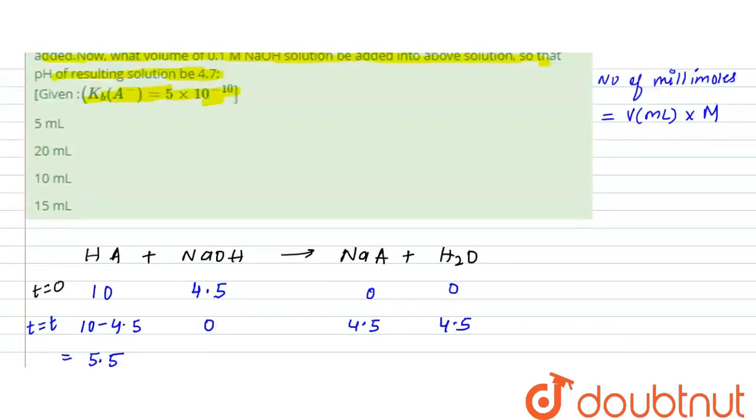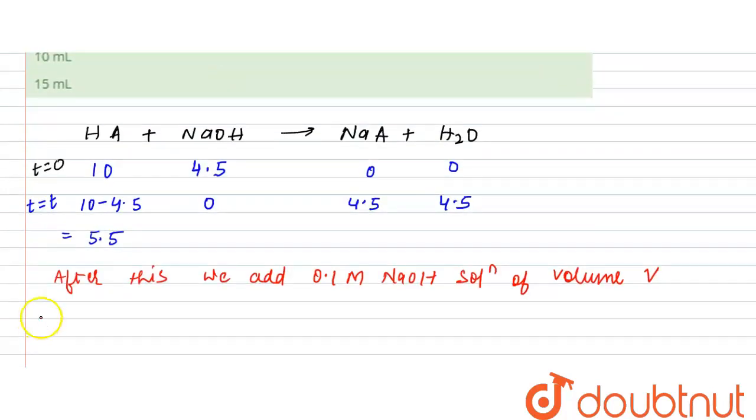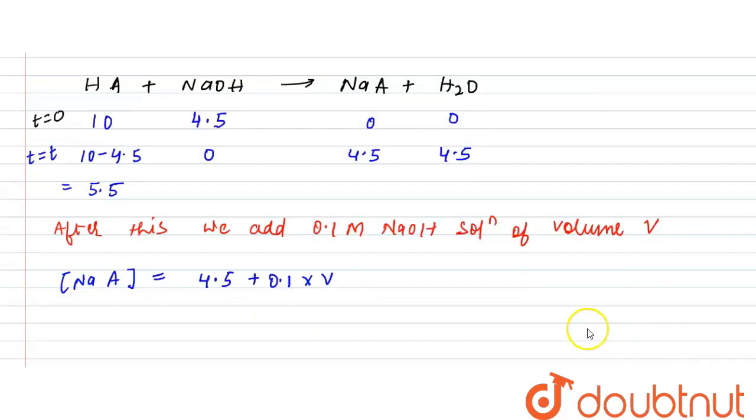If you add 0.1 molar solution of volume V, then at this position the concentration of the salt will increase by that number of millimoles, that is 0.1 into V, right? And the concentration of HA will decrease to 5.5 minus 0.1 into V, because when you are adding NaOH, again the reaction will take place and the concentration of HA will decrease.